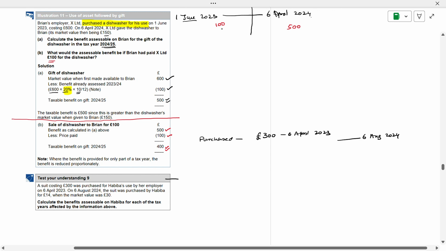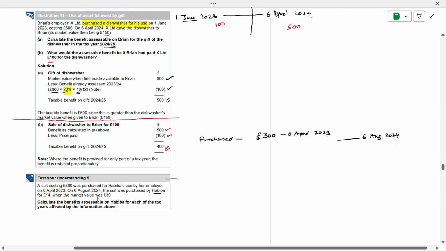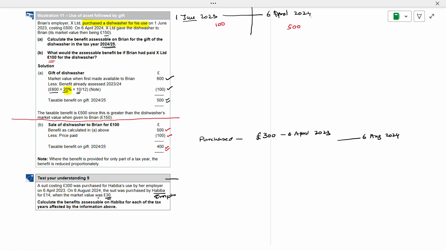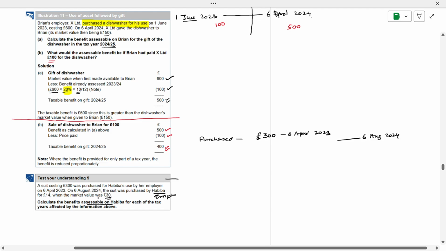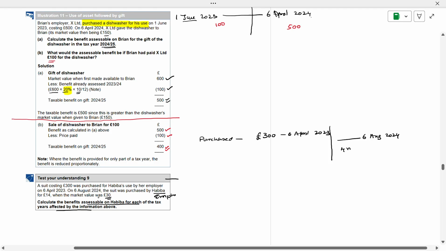The suit was purchased by the employee Habiba for 14 pounds, when the market value is 30. Calculate the benefit assessable on Habiba for each of the tax years. Here they have purchased for 300. And here also, April, May, June, July, four months.